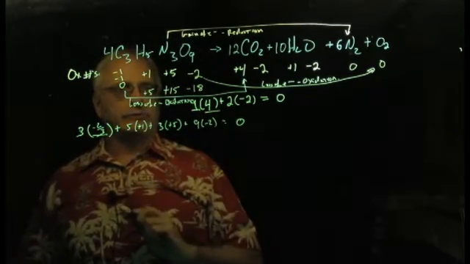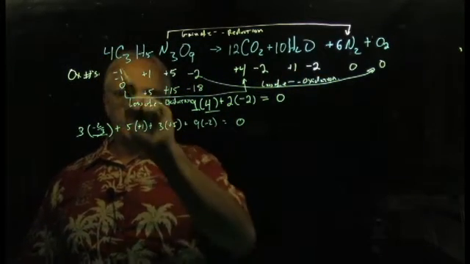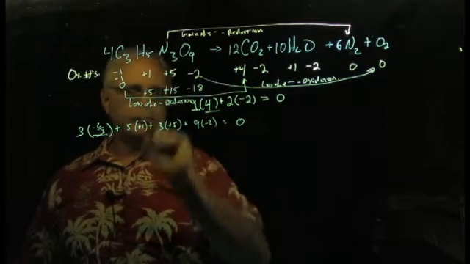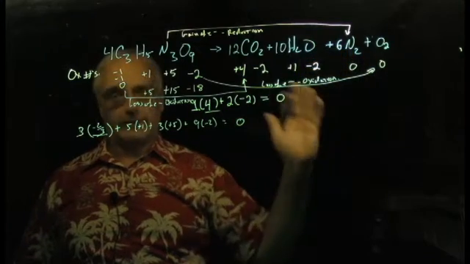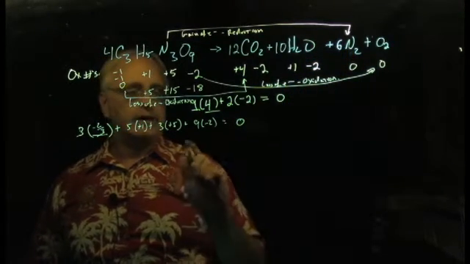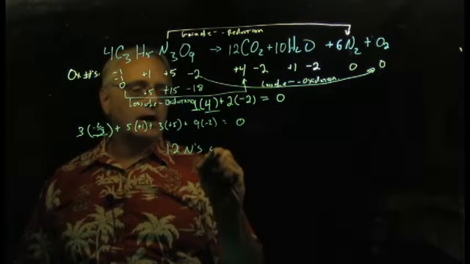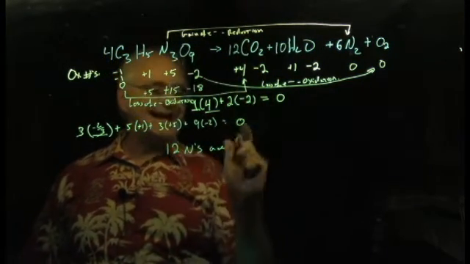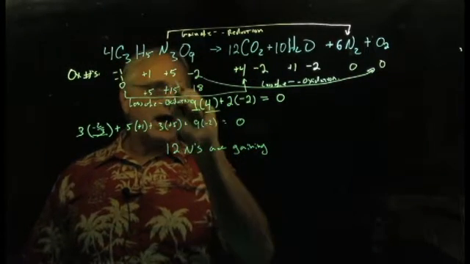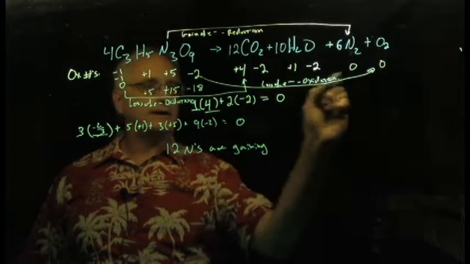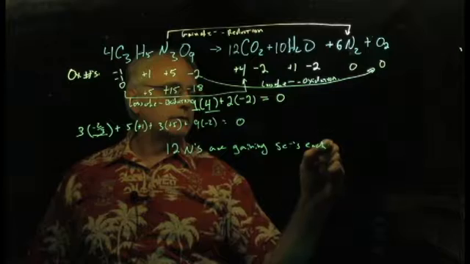Now, looking at the nitrogens, if I take the entire balanced chemical equation in here, there are 4 molecules of nitroglycerin, 3 nitrogens each. There are a total of 12 nitrogens, and it works out the same over there because we've already balanced this thing. So 12 nitrogens are gaining 5 electrons each.